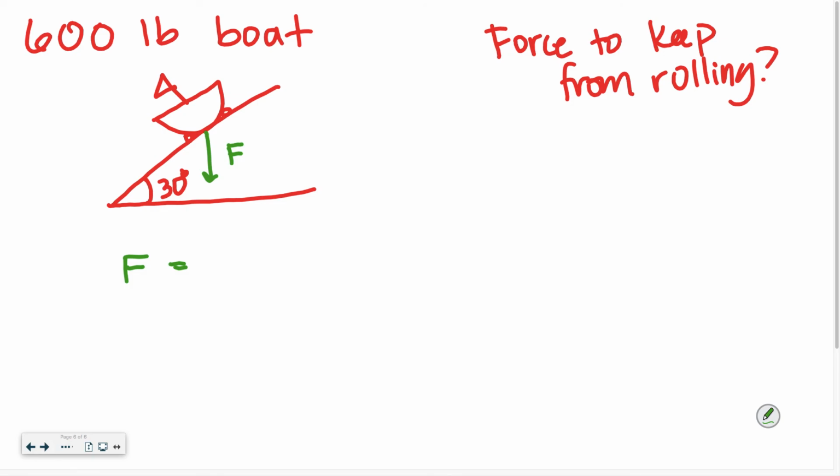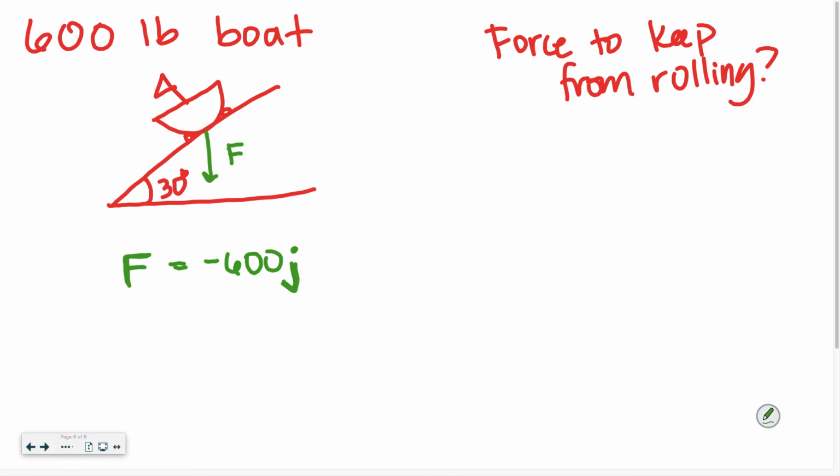No, the force is 600. Oh, yeah, mass times gravity. So this vector I can write as negative 600J, because it's 600 pounds down. We're doing vectors. This J is bolded.